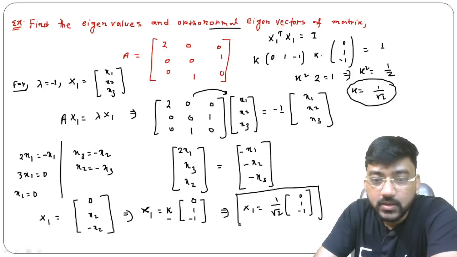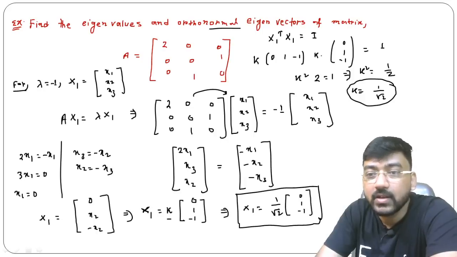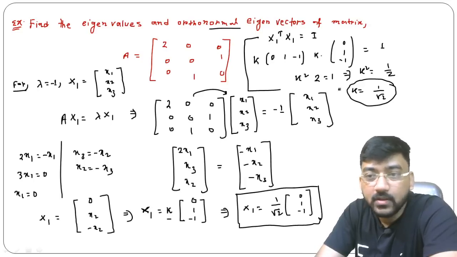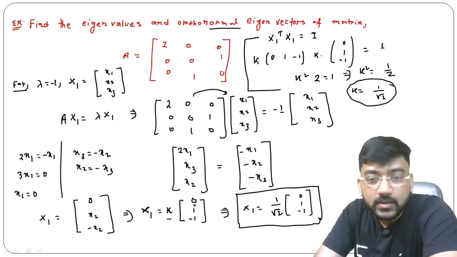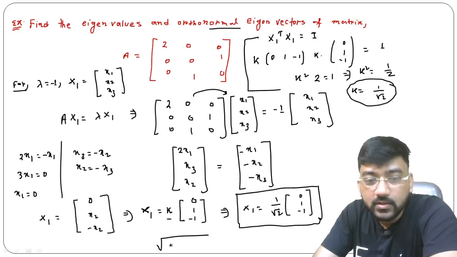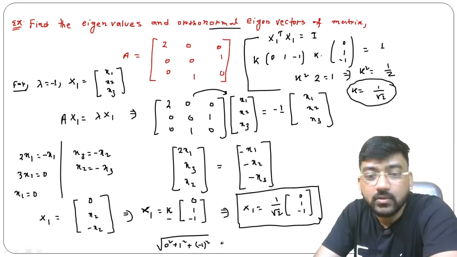Now let me tell you one thing, that you can find this normalization constant directly. Instead of using this equation again and again, in short you have to take the square root of these elements, that will be 0 square plus 1 square plus minus 1 whole square, that is 2, and you take the root of this.